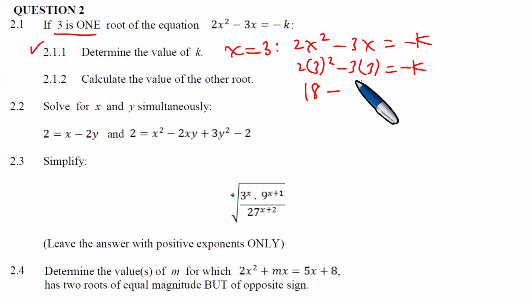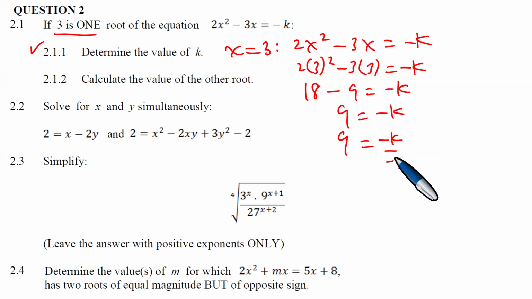It's 18 minus 3 times 3, 9 equals minus k. What is 18 minus 9? It's 9. Okay, if 9 is equal to minus k, what is k? What is the numerical value of k? We can divide by minus 1, getting that k is equal to 9. So at 2.1.1, we have that k is equal to 9.